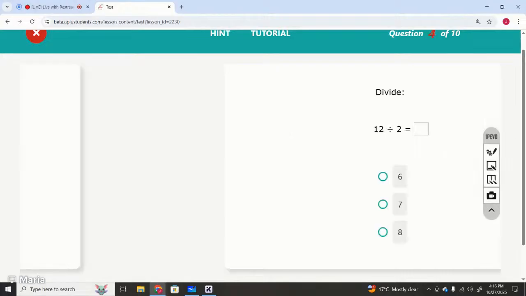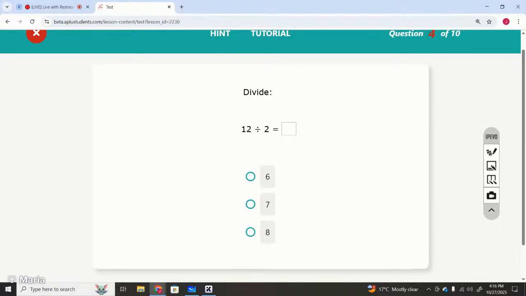Very good. Option number 2 is the correct option. 12 divided by 2 equals 6.